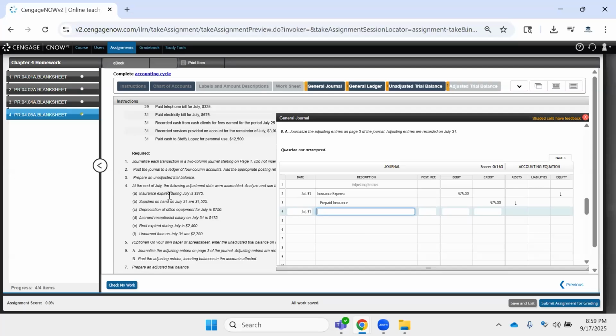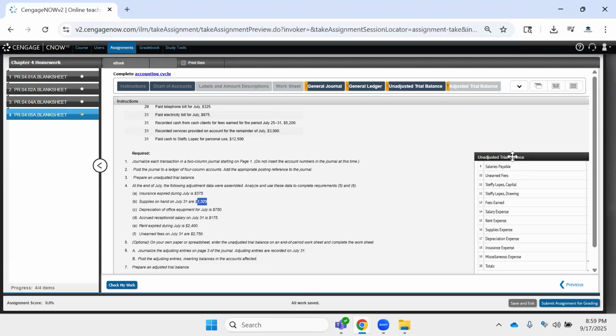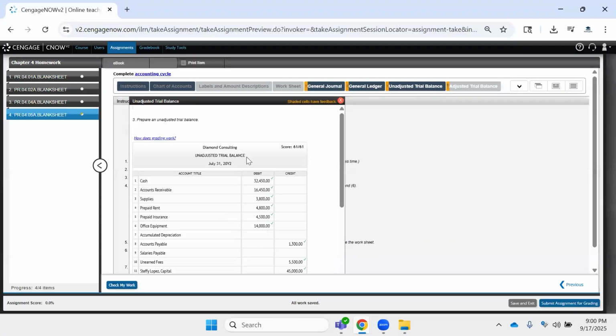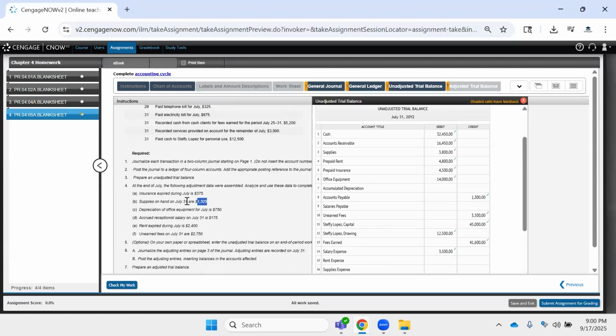Now, for supplies on hand, July 31st are 1,525. So if we take a look at our unadjusted trial balance, our balance on hand now is 3,800, and the balance is supposed to be 1,525.